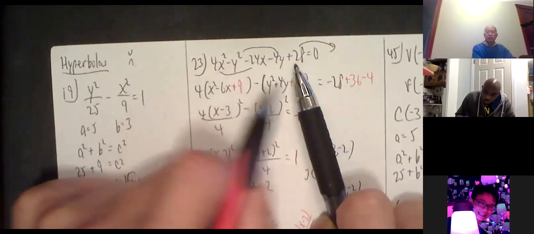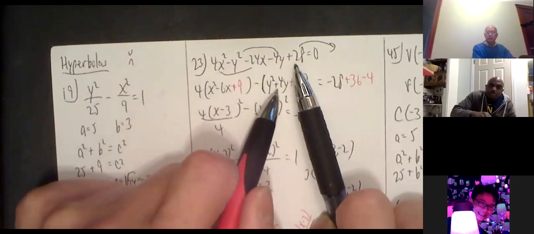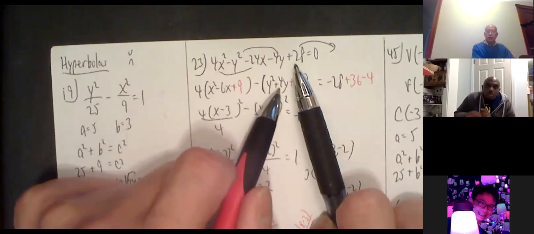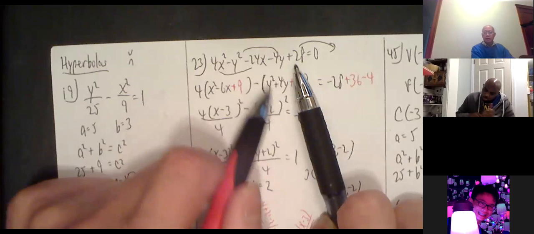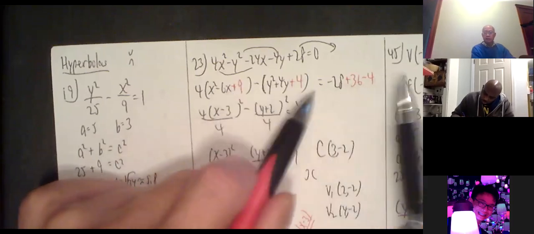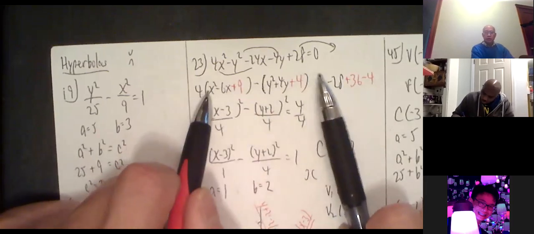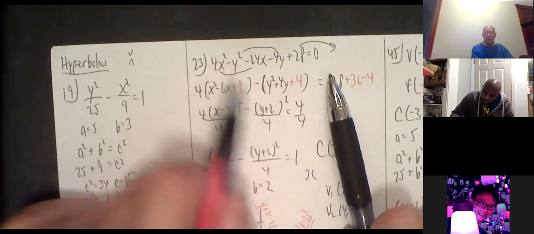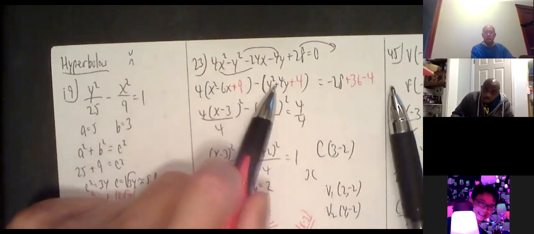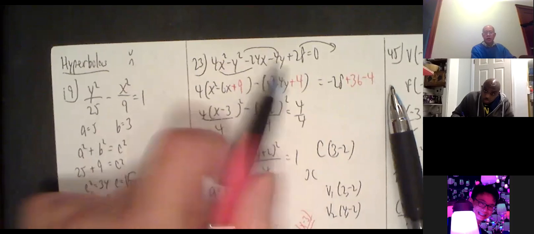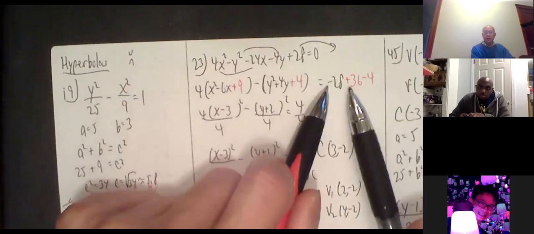I'm going to go minus parentheses y squared plus 4y. So far, same thing. Again, inventory. Double check. 4x squared minus 24x. There it is. Minus y squared minus 4y. Correct. And the plus 28, I subtracted over negative 28.